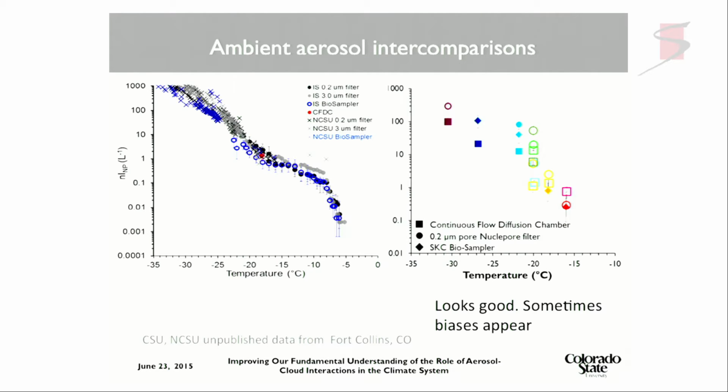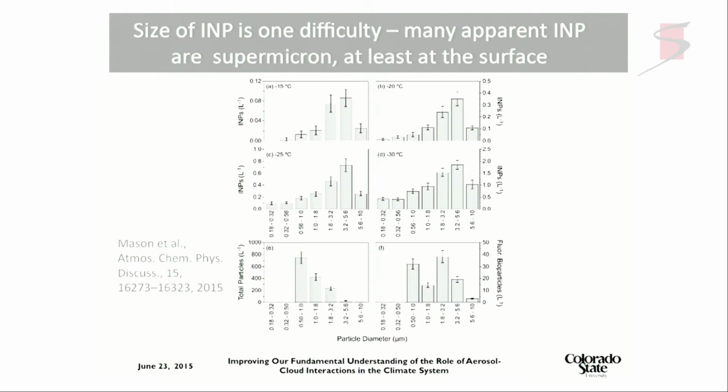And here what you see is that we're segregating a little bit where the immersion freezing data is actually computing more ice nuclei than the continuous flow chamber. Well, we've always understood that we might have biases, and one of them could particularly be the size of ice nuclei. We can only bring in a certain size into the flow chamber. We cut it off typically at 2.5 microns. So I'll try to put the light there and show you.